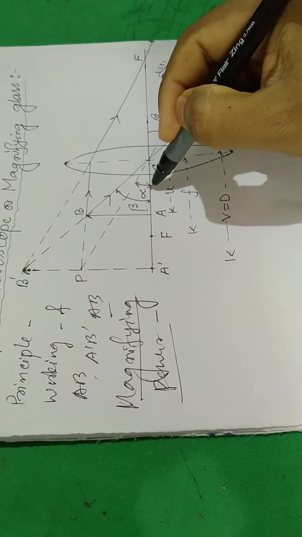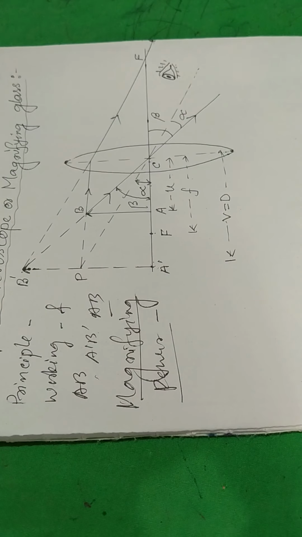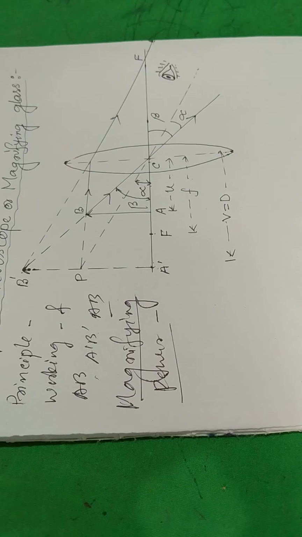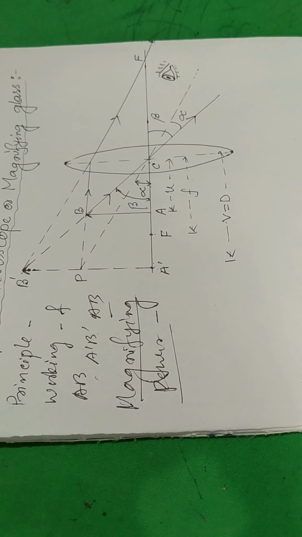Here, alpha is the angle subtended by the object at the eye and beta is the angle subtended by the image at the eye when the image is at a distance equal to the least distance of distinct vision.